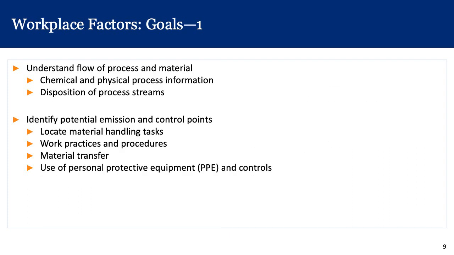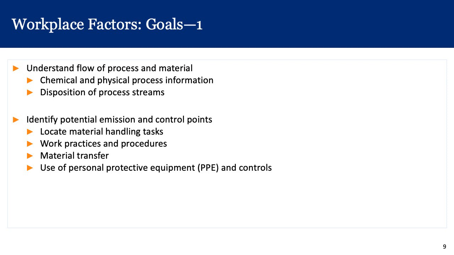As an industrial hygienist, we really need to understand the flow of the process and material in the workplace. We need to understand the chemical and physical processes that are occurring and where the different process streams end up and what are the waste streams, and be able to identify potential emission locations and where the controls are.